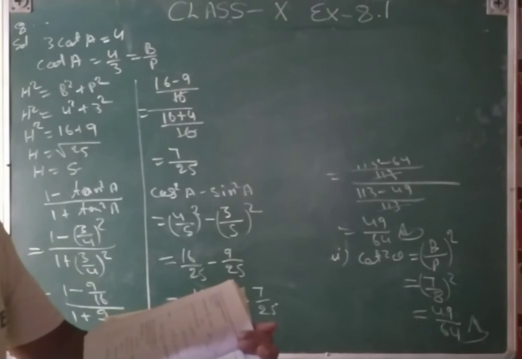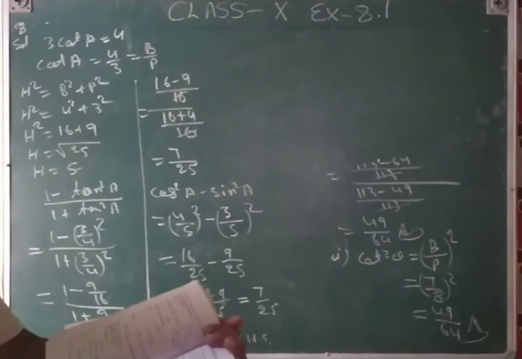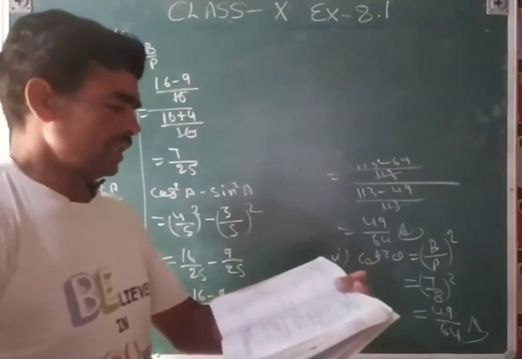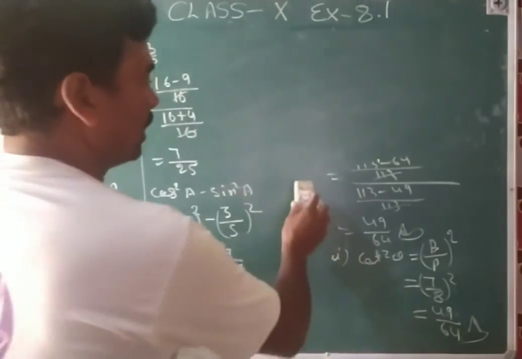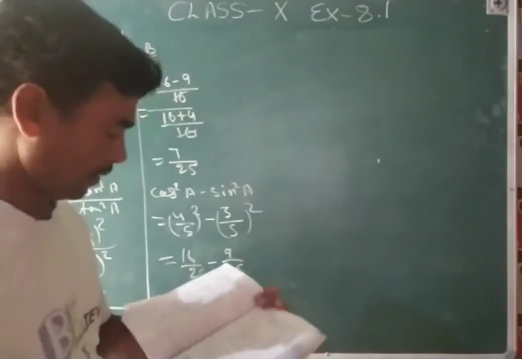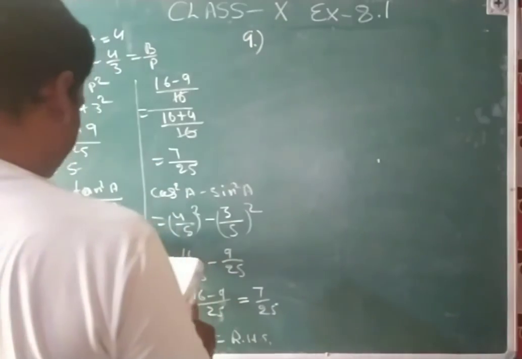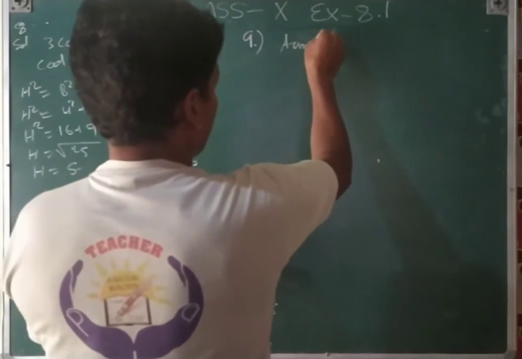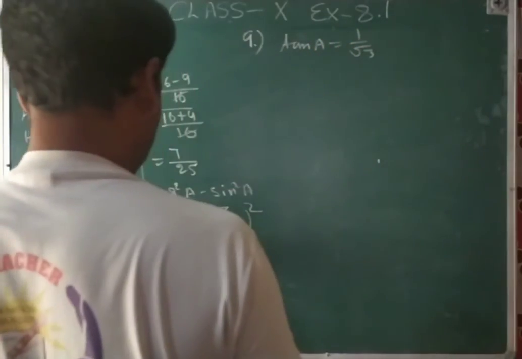Then ninth question. Here there are 2 parts. I will solve only one part. Second part solve by yourself, because only the sign is different. The values you will see are the same here. Ninth question, that is tan A is equal to 1 upon under root 3.